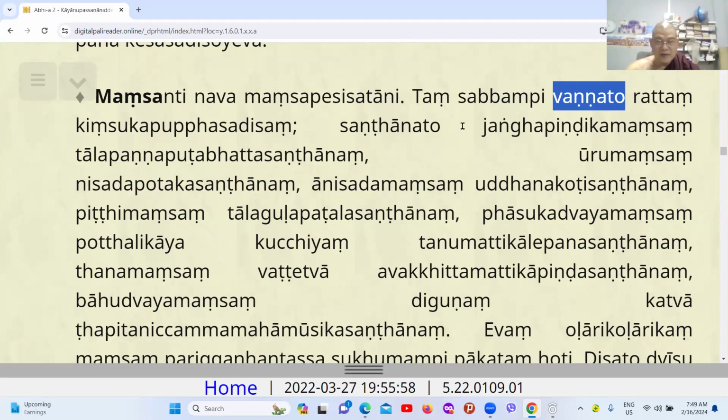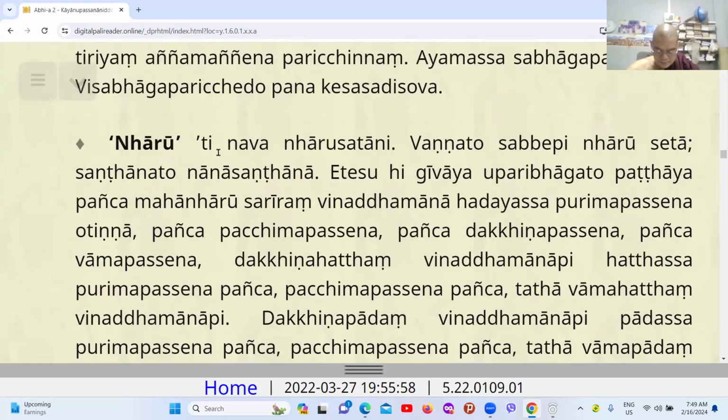Masa, Naru. There are also 900 Naru. Naru, bain or what, sinew. There are 900 sinews. I don't know how to call these 900.